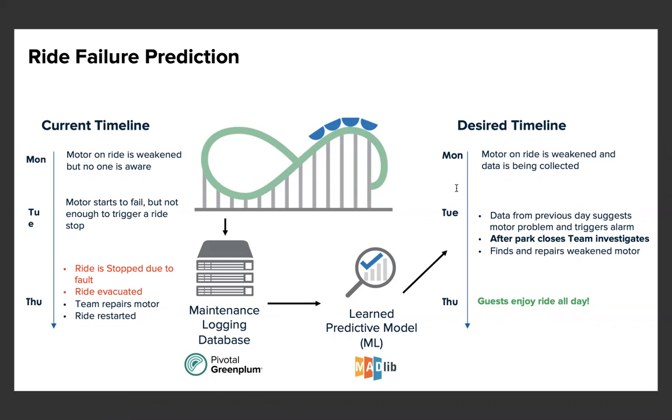After the park closes, the team starts to investigate, find and repairs the vacant motor. On Thursday, guests enjoy the ride all day. Low rate failure happens. So we could use this historic data, do some machine learning, and provide the predictive model. There are a lot of use cases to share, but due to the time limitation, we just share these two cases with you.